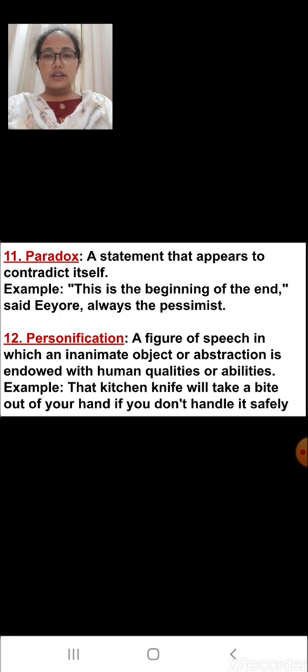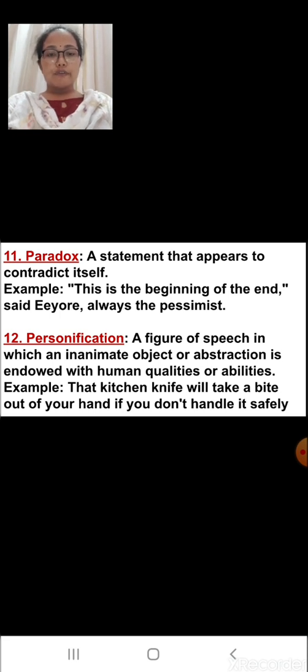The 11th one is paradox. A paradox is a statement that appears to contradict itself. For example, "This is the beginning of the end," said Eeyore, always the pessimist. The 12th one is personification.